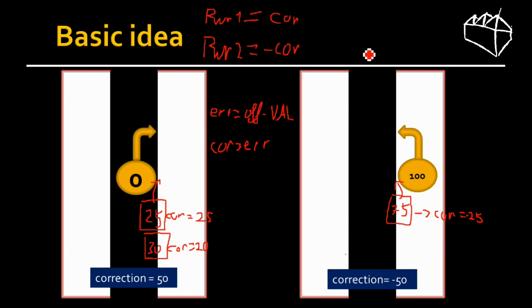But the problem is that we can't change the speed because it's always 25 if this is 75. But maybe we want the robot to go faster if it's exactly on this position. So we add a speed value.